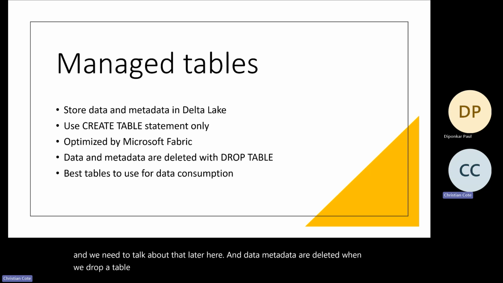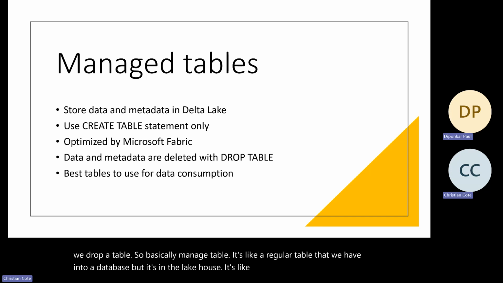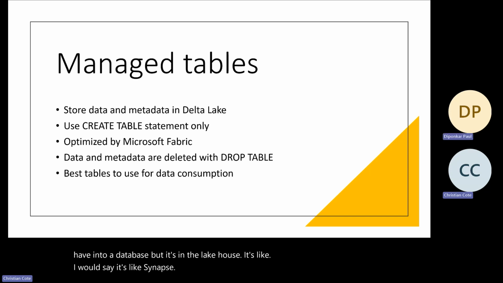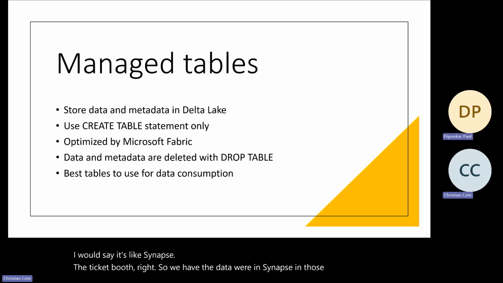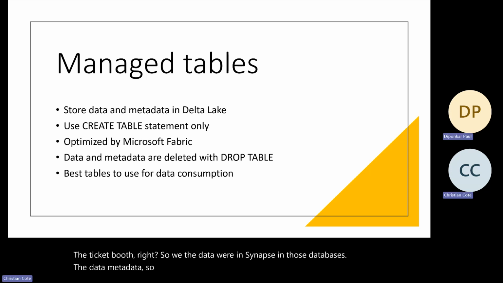So basically, a managed table is like a regular table that we have in a database, but it's in the Lakehouse. It's like the Synapse dedicated pool, where the data and metadata were in those databases. If we drop the table, we drop everything, we lose everything.